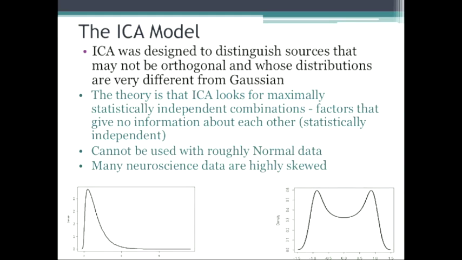That is, most of the values are around their mean value. You've got a very small number of extremes in either direction. But often neuroscience data isn't very Gaussian, and often the underlying factors may not be Gaussian.